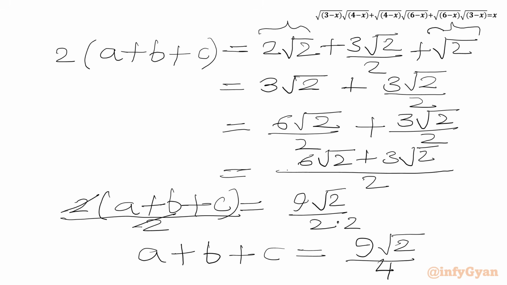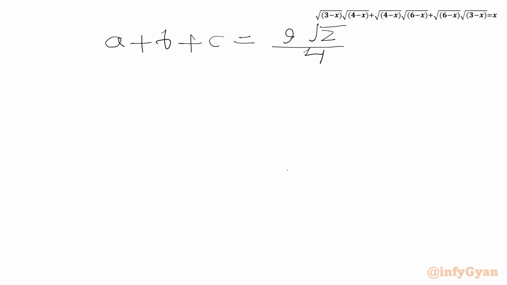And this equation will be our 8th equation. Now we will write equation 5 and equation 8. So I can write here equation 8, A plus B plus C equal to 9 square root 2 over 4. This is our equation number 8.